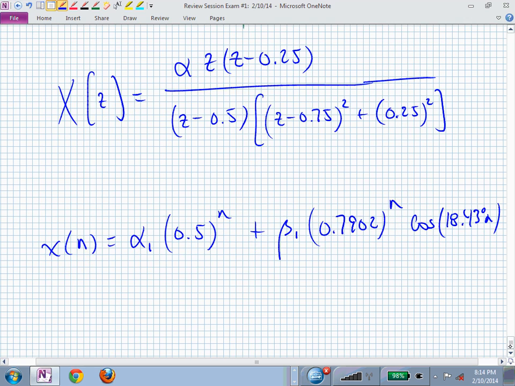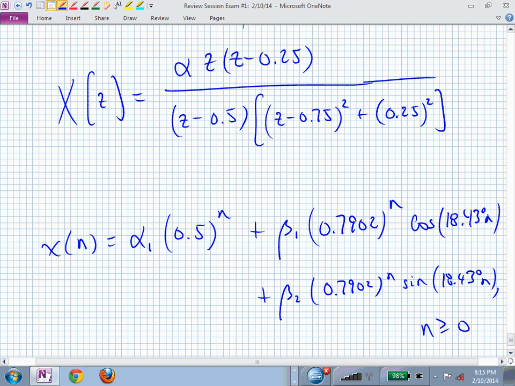And then we have our sine. That's now the structure of our little x of n, quick and dirty. But we found that from our complex poles.